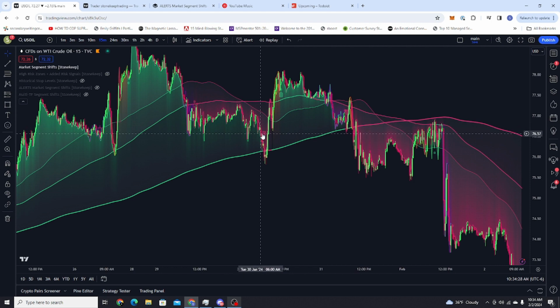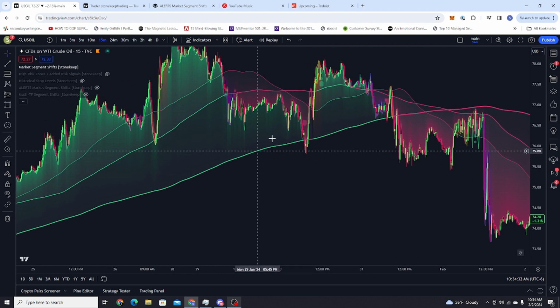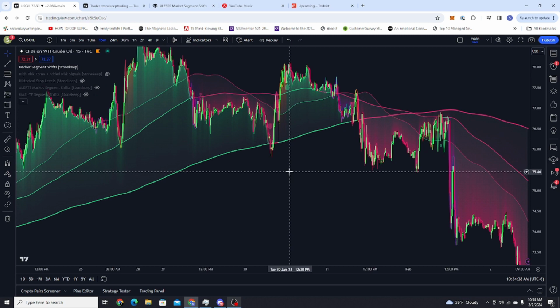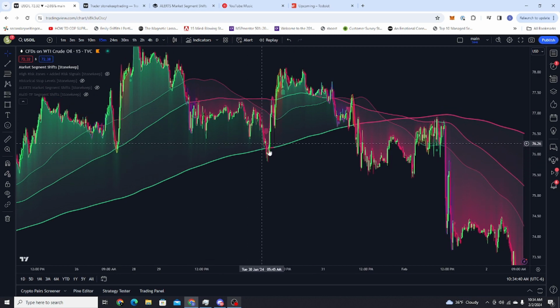When you see a big red or big green label, these correlate to the longest regression period right here. The base condition for any bearish movement is that price has to be below this regression, and for any bullish movement, it has to be above.